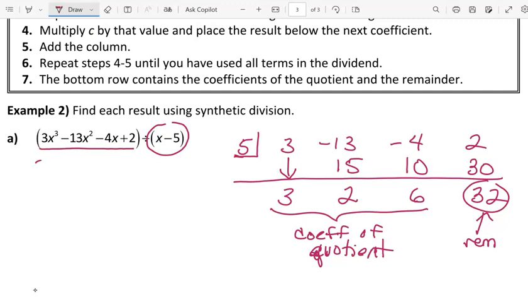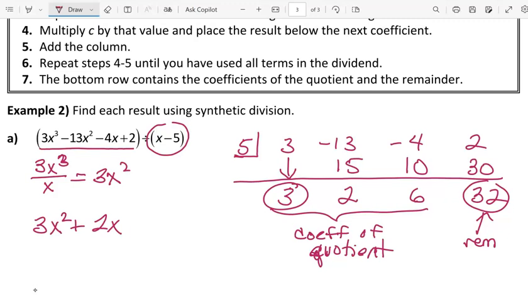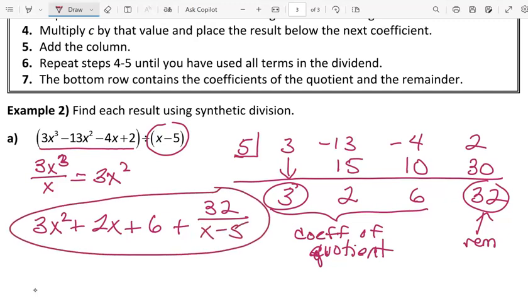So remember, first term divided by first term, 3x cubed divided by x gives us 3x squared. That's first term divided by first term, so that 3 stands for the coefficient of the x squared term. So first term in the quotient is 3x squared, and then the next term would be 2x, and the next term would be 6, and then we have plus the remainder, 32, over that divisor, which is x minus 5.